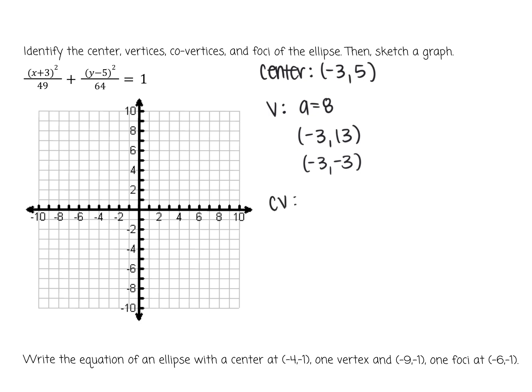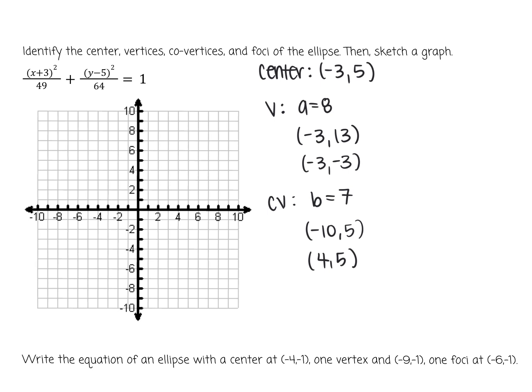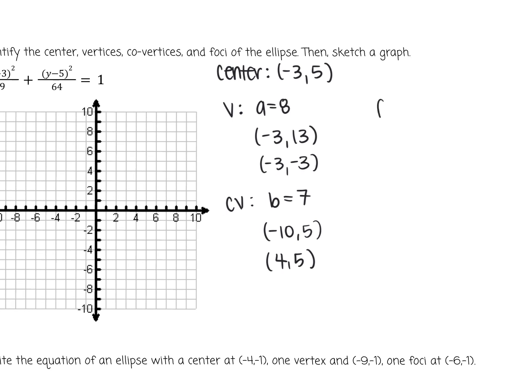For the co-vertices, b is going to be 7, which we are going to add and subtract from the x value of our center. So negative 3 minus 7 is going to be (negative 10, 5). Negative 3 plus 7 is going to be (4, 5). And then for our foci, we'll use that b squared, 49, equals a squared, 64, minus c squared. Subtract 64 from both sides.